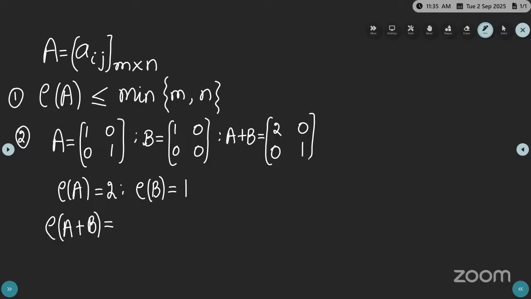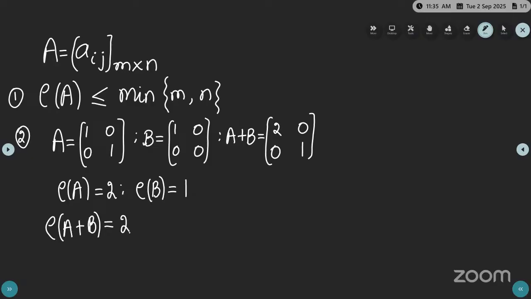What is the rank of A plus B? 2. What can you say? If the rank of A is 2, the rank of B is 1, the rank of A plus B is 2.